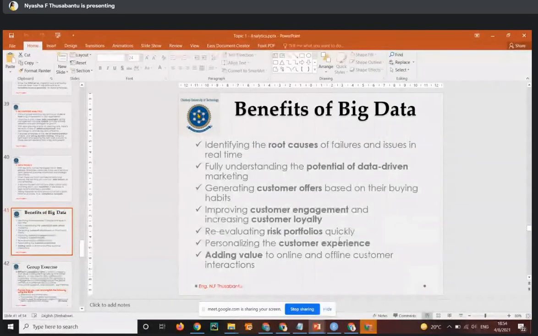It's not that they showed you small cars because they think you don't have money. No, they're just trying to improve your customer experience, saying maybe you're looking for something small or maybe something big. They personalize the experience based on that, adding value to online and offline customer interactions.